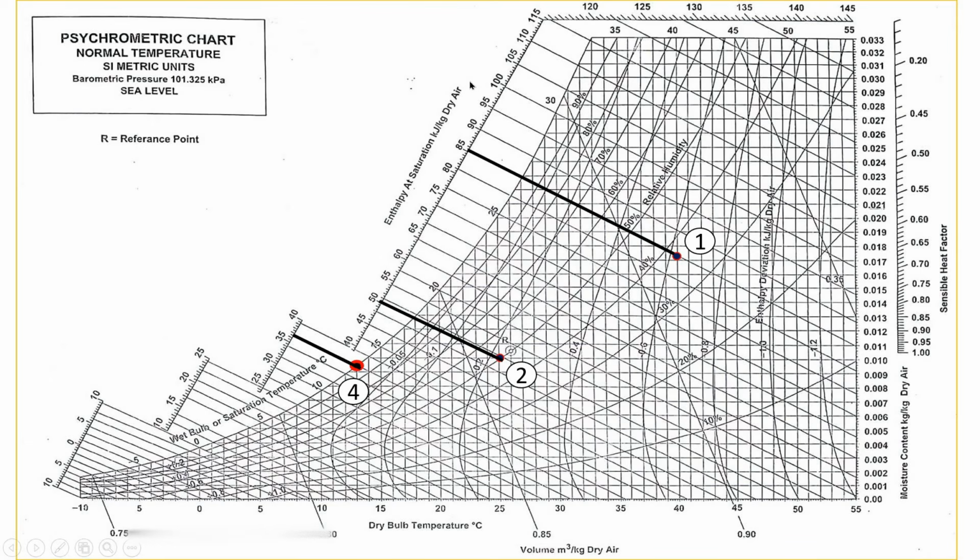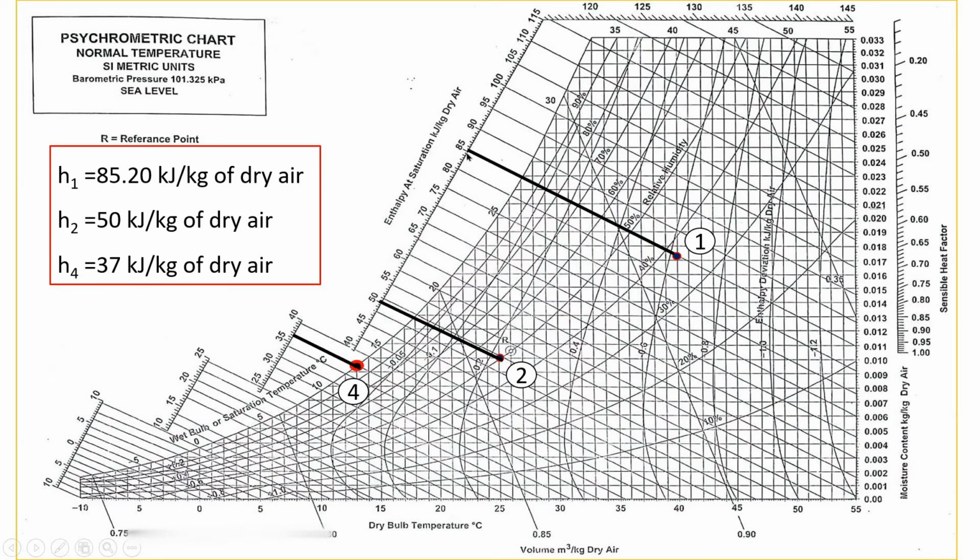And we can read the enthalpy values. Here enthalpy at point 1, that is H1, is 85.20 kilojoule per kg of dry air. At point 2, H2 is 50 kilojoule per kg of dry air, and at point 4, enthalpy is 37 kilojoule per kg of dry air.